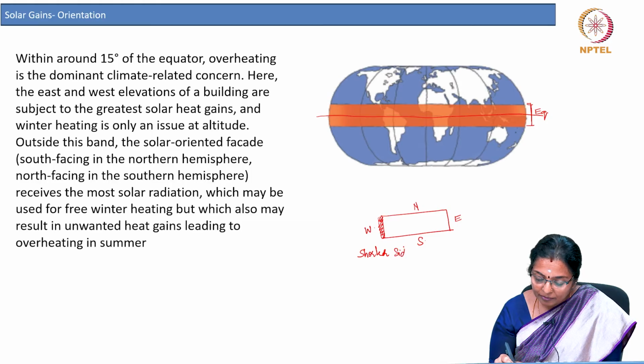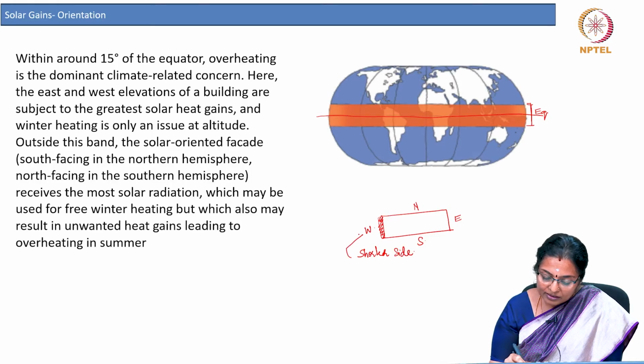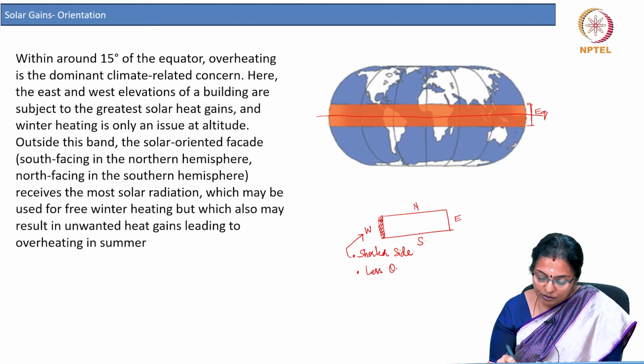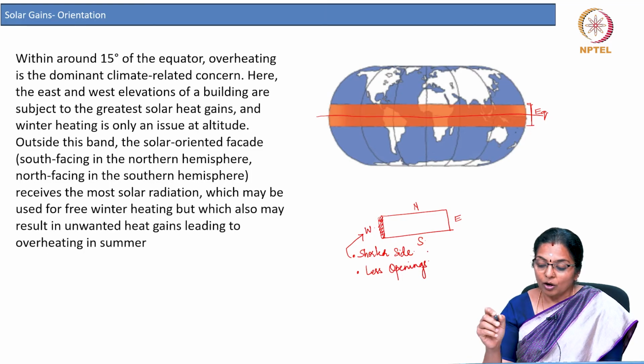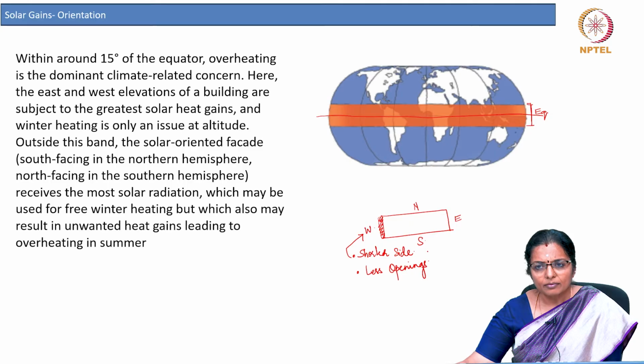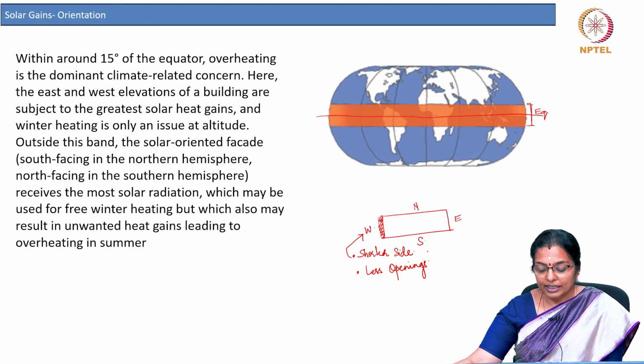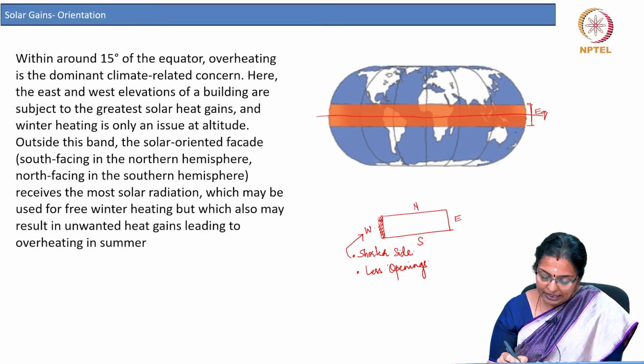The west facade should be the shorter side, and it should have fewer openings along this belt. There is another criterion also, we will come to that a little later.